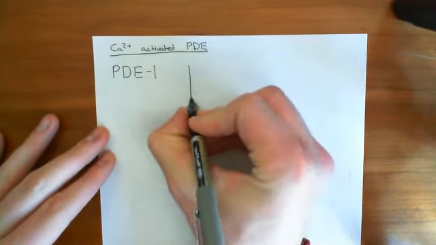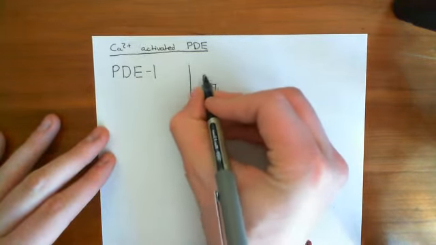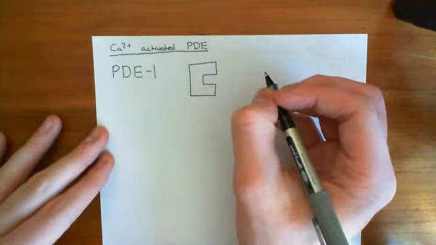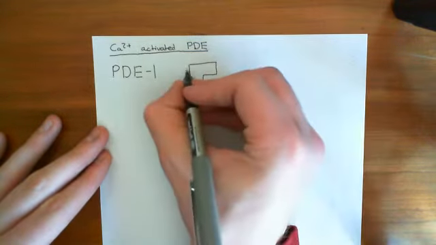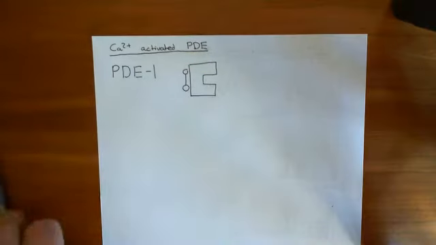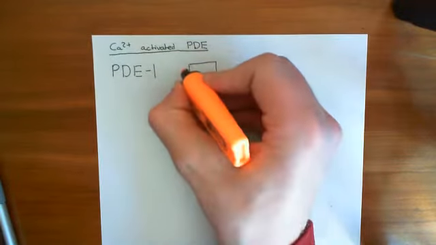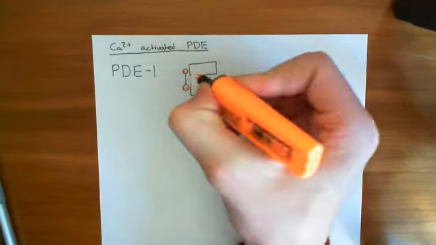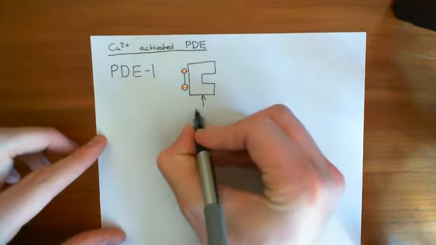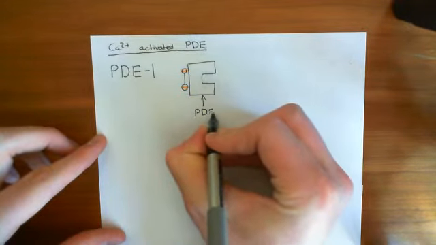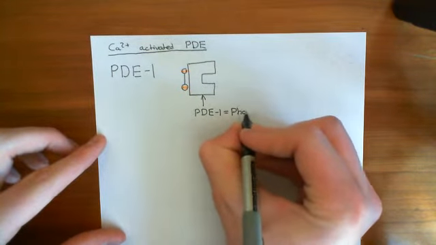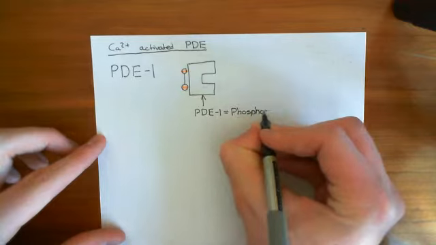So when calcium goes up, what happens is that calcium will bind to calmodulin, and you'll then get calcium calmodulin complexes. So if this is a calcium calmodulin complex here, the calcium calmodulin complex goes and binds with the phosphodiesterase 1 enzyme. So this is the phosphodiesterase 1 enzyme here. I feel like I should write out the full name. Phosphodiesterase 1.